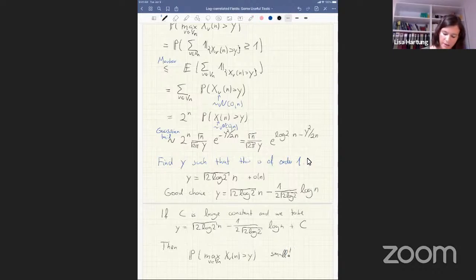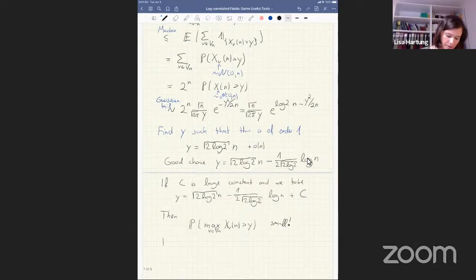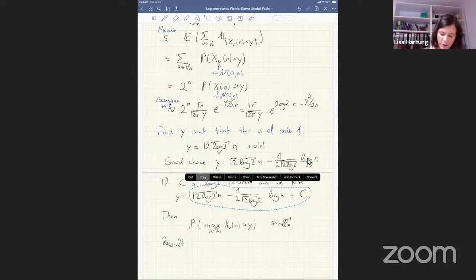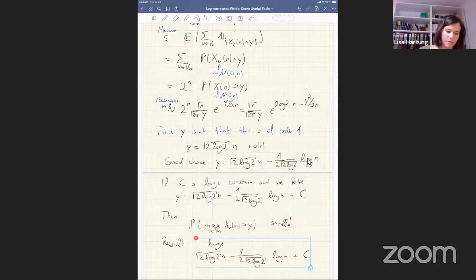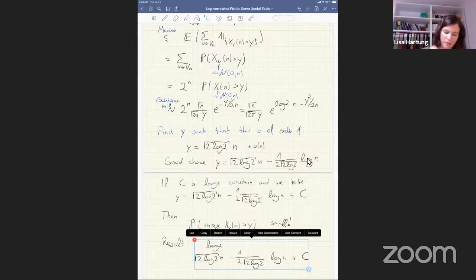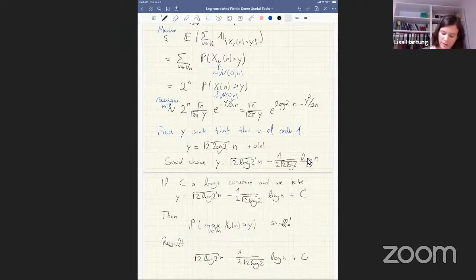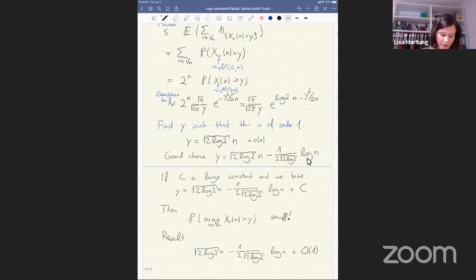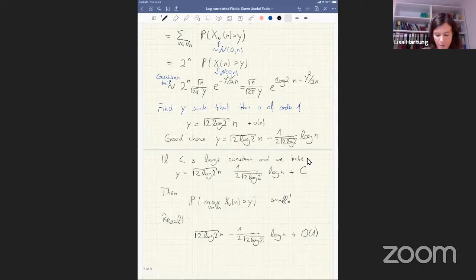So we have, as a result, this y with some large constant, some big correction. This is the first upper bound on the maximum for the branching random walk.